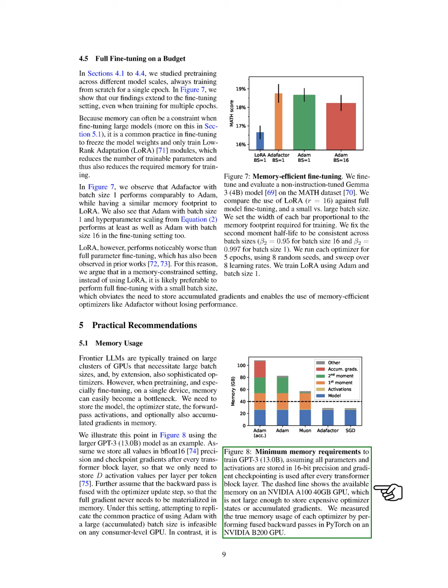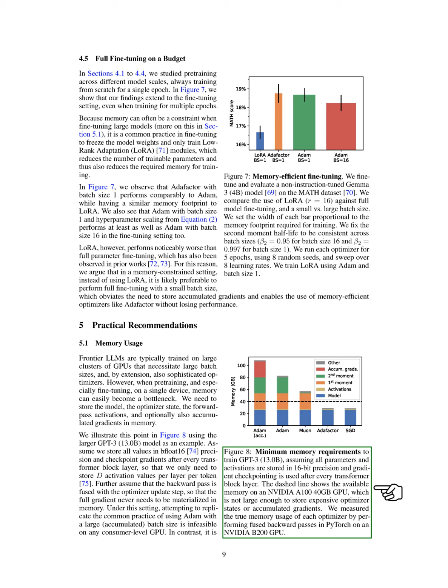large batch sizes, which also necessitate advanced optimizers. However, when pre-training or fine-tuning on a single device, memory can quickly become a constraint. We need to keep the model, optimizer state, forward pass activations, and possibly accumulated gradients in memory.